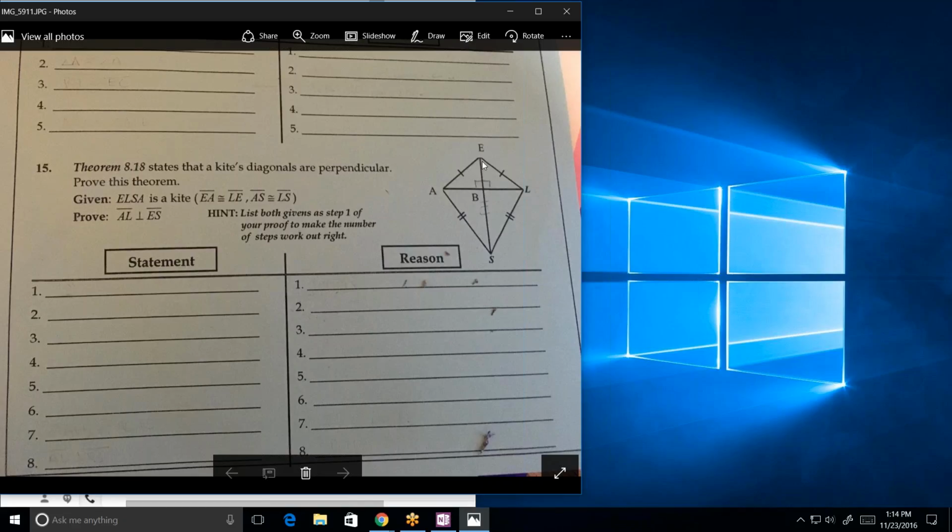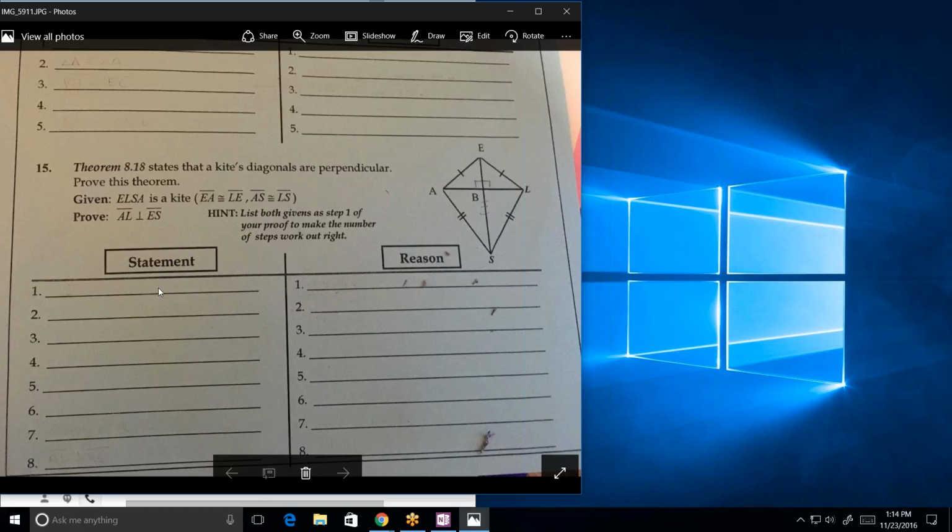We also know that the long diagonal bisects this angle, so if we wanted to use side, angle, side, we could use that also. So that's the strategy we're going to use to prove everything. So let's go through the statements and reasons.